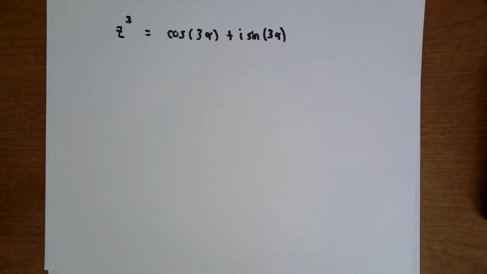That means that 3 alpha must be a multiple of pi, but I have to be a little bit careful about this. Some multiples of pi will make the cosine take on the value negative 1 instead of 1, so let's be careful and investigate this.